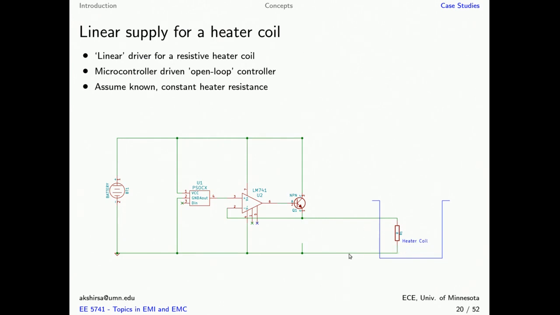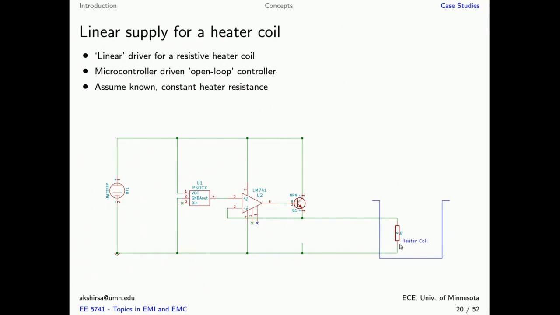In the extreme case, it may even operate in on-off mode, which means that when you want to heat the tank, the current may go from 0 up to the maximum value, and if you want to quickly cool the tank, the current may go from the present value back to 0. So this is the circuit. Now let's look at what's going to happen.